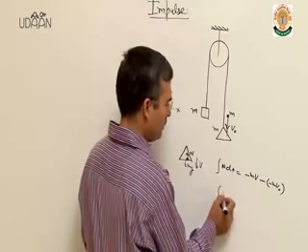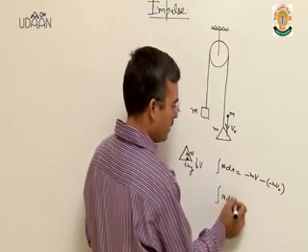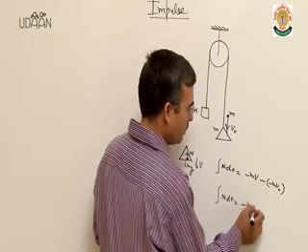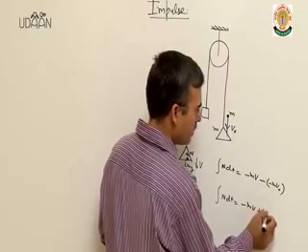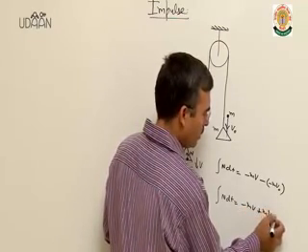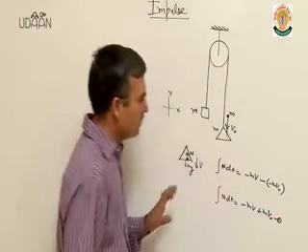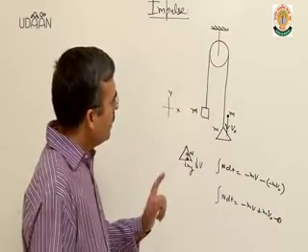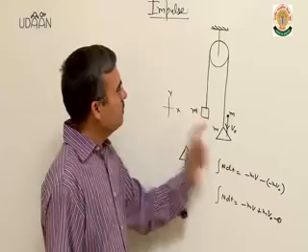So clearly N dt equals minus mv plus m into v naught. Clear? I have taken only the case of the ball.